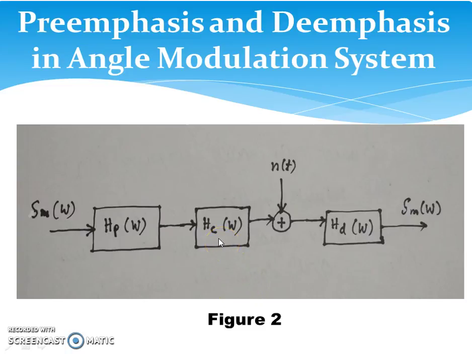In between we have a channel with transfer function C of omega and also noise. As a whole, we must have the same power spectrum shape in the output as in the input, so that the message signal remains undistorted.